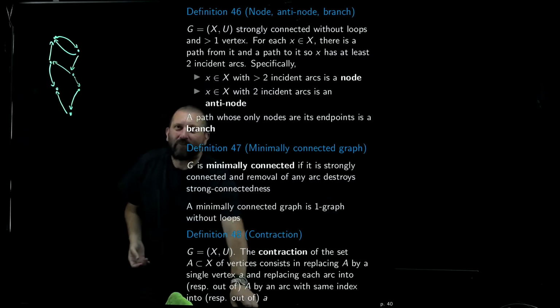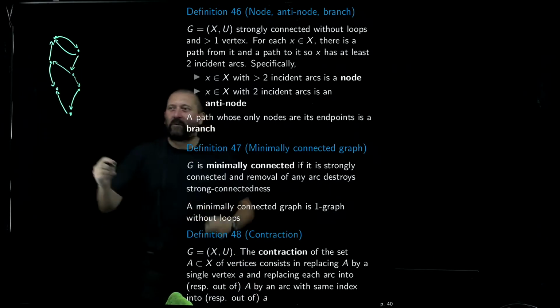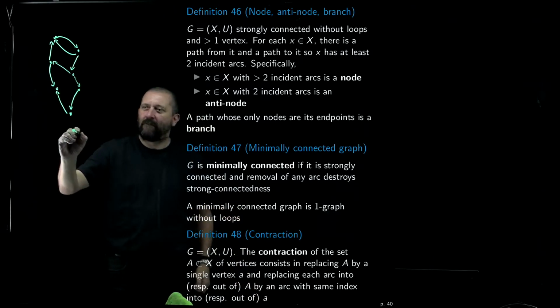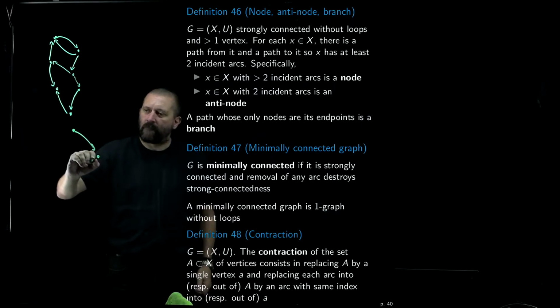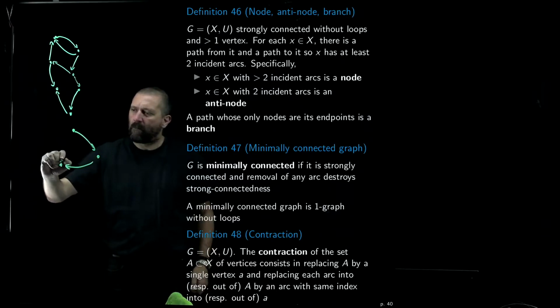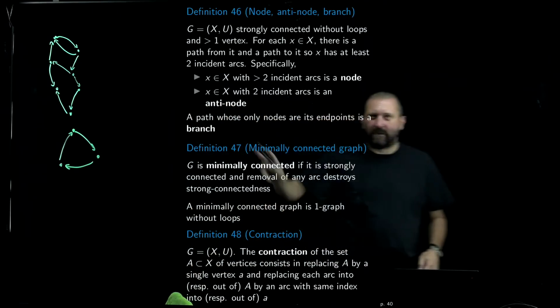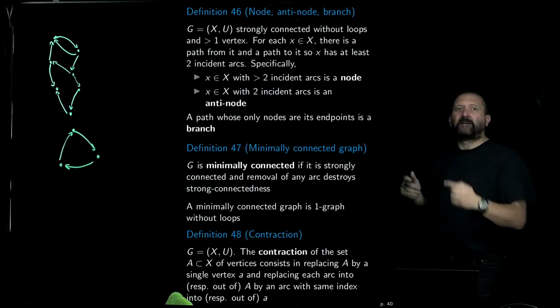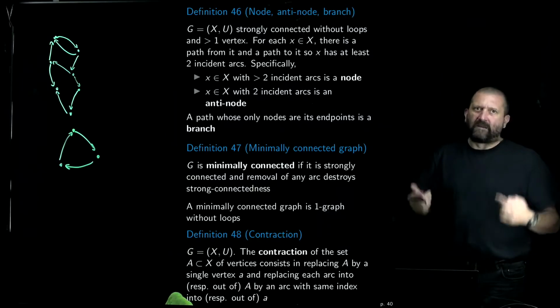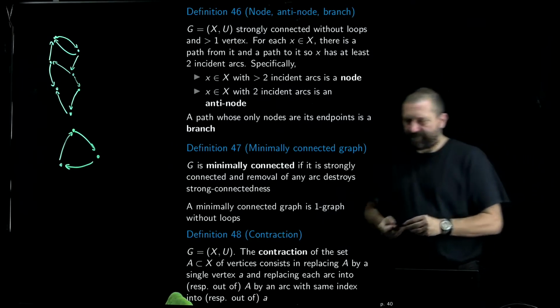So a prototypical example of a minimally connected graph would be this thing. Because here, any arc that I take out, I lose the strong connectedness.